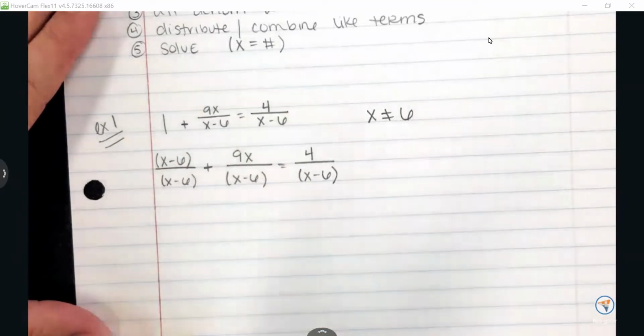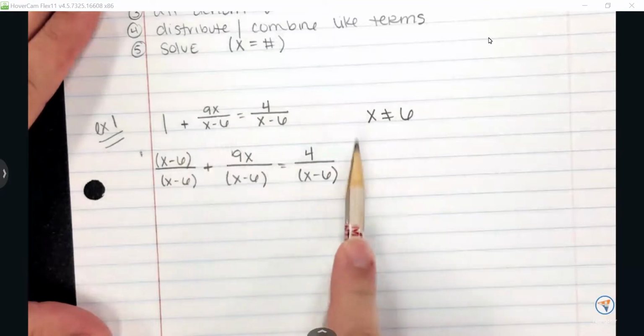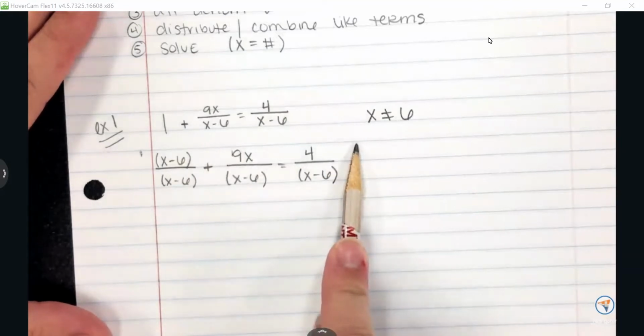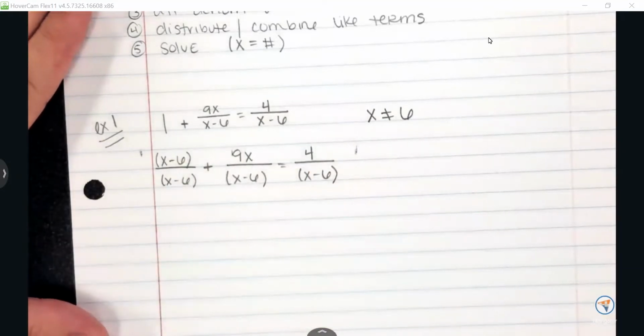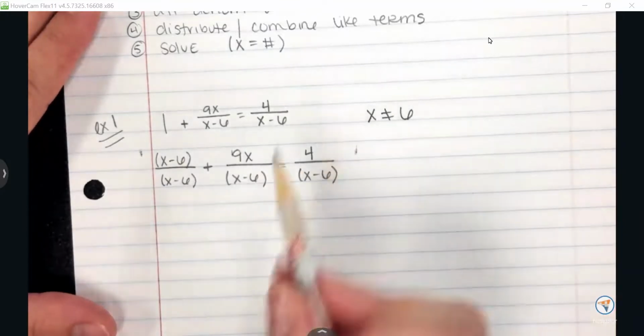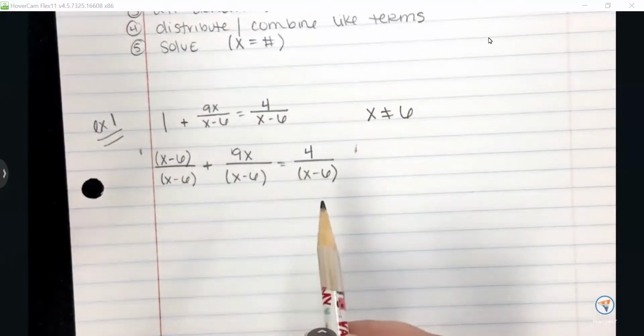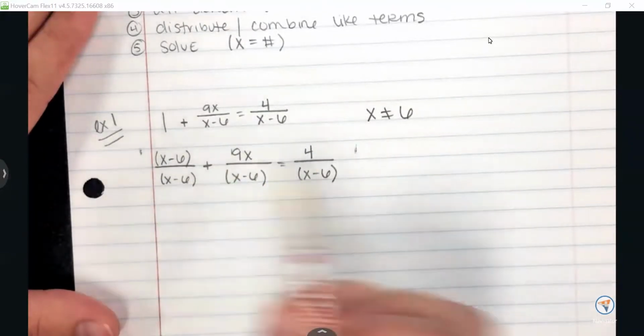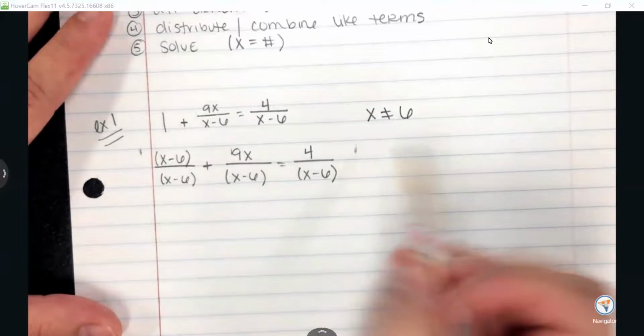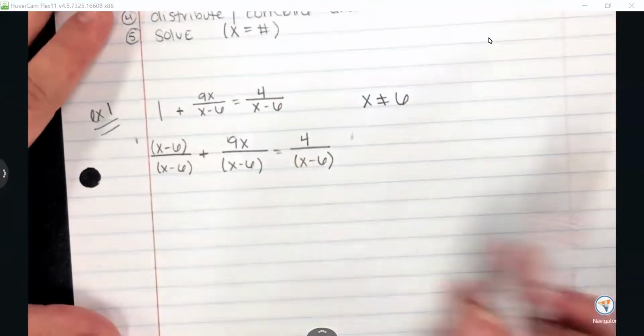If I multiply every single fraction by x minus 6, have I gotten rid of every denominator? Yes. Okay, so how can I cross all these out? Because I am multiplying the entire thing by my denominator, which is x minus 6.